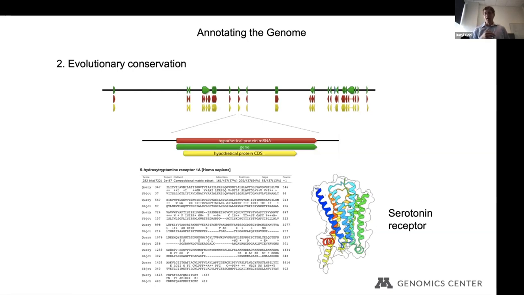Serotonin is, of course, an important neurotransmitter. Many of you are probably aware it's involved in mood disorders in humans, like depression. And it's actually a signal that zebra mussels use to control spawning, or the release of their sperm and eggs into the water. So we can take mussels from the lake, bring them into the lab, put them in jars, and squirt in a little bit of serotonin.